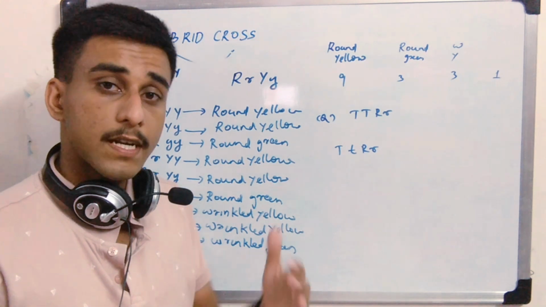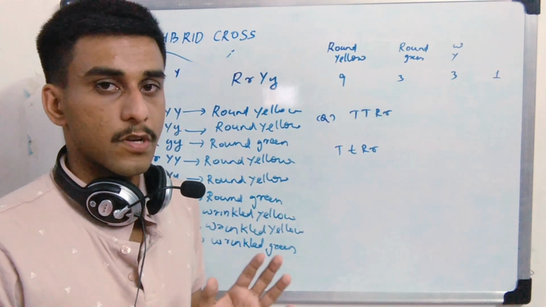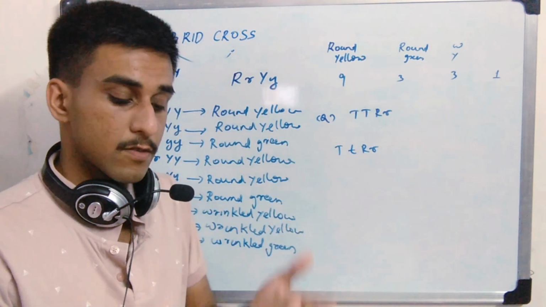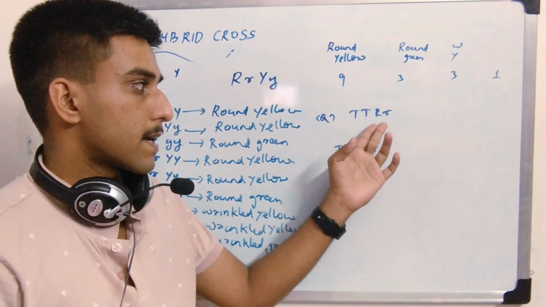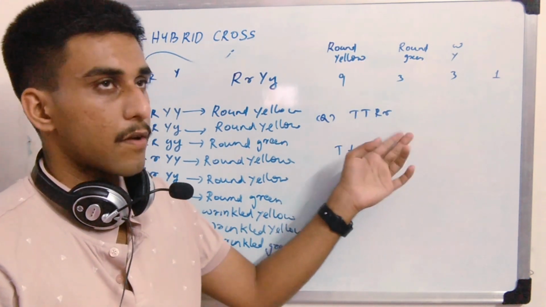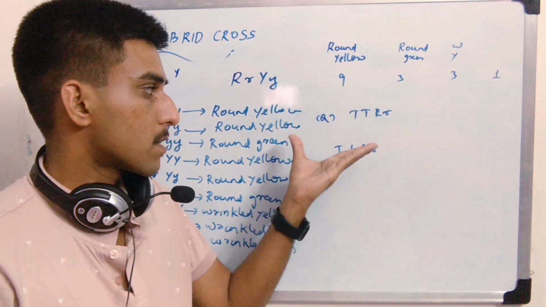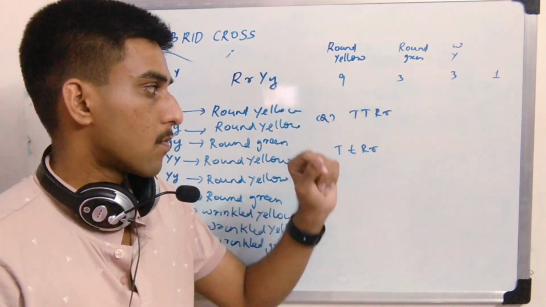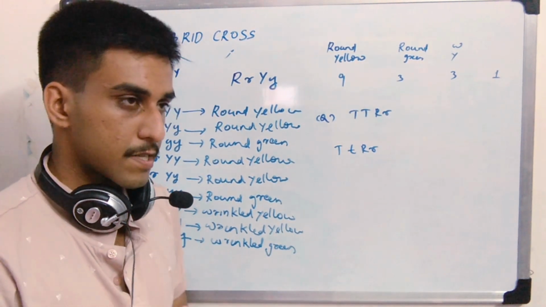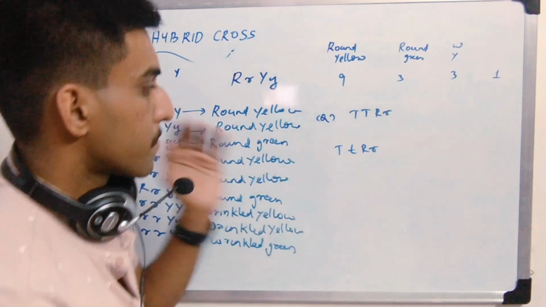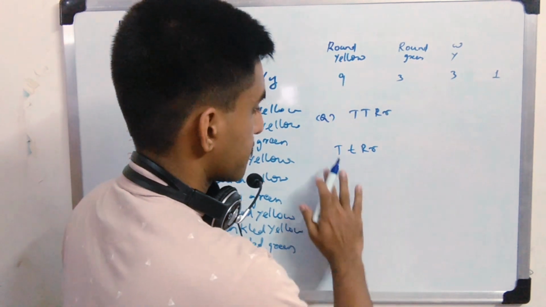We know that the total number of occurrences is 16 in a dihybrid cross, and it is also mentioned in the question that it is a dihybrid cross. Also, two different characters are being taken, T and R. T may code for the tall height of the plant, and R for the shape of the seed, maybe. We don't know that, but the question says it is a dihybrid cross, so the parent generation is this condition. So we are going to find out the answer.